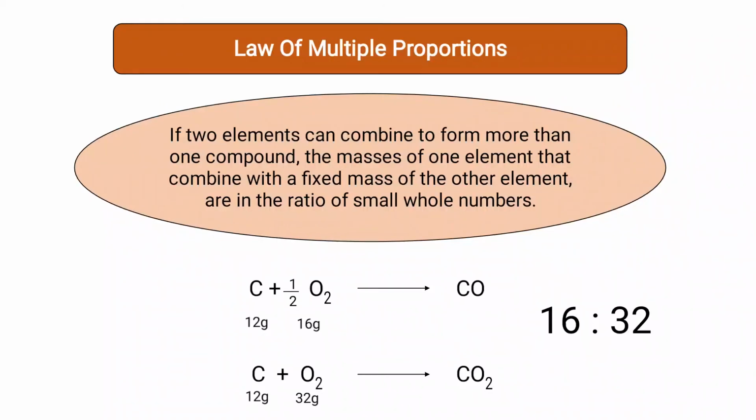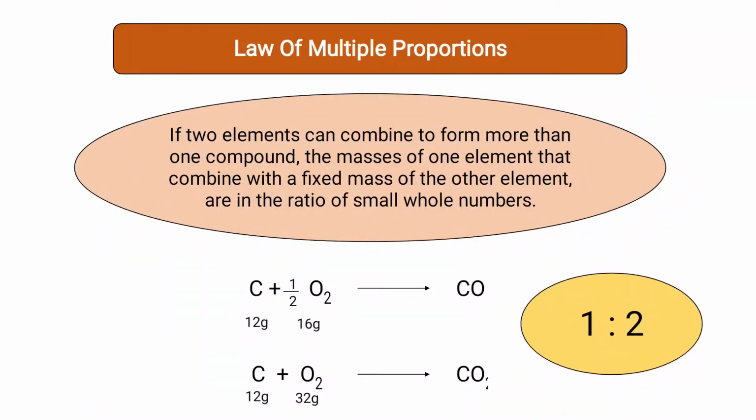16:32. This 16:32 is the ratio of oxygen. It can be further simplified as 16 ones and 16 twos. So it is further simplified as 1:2. So it will bear a small whole number. This is what law of multiple proportion means.